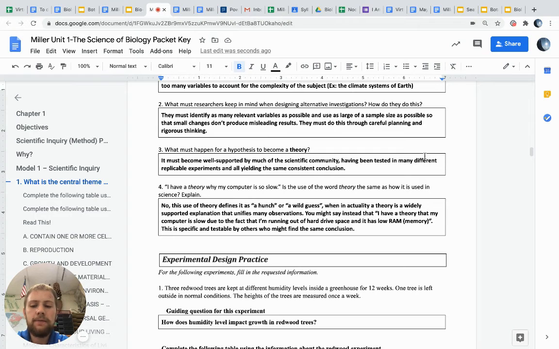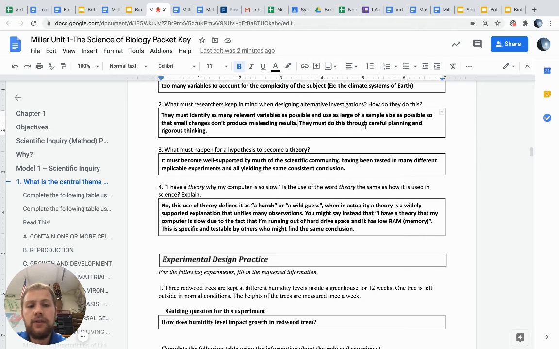So we might discount that result because of chance. Maybe we just got a sick mouse or one that wasn't feeling so well. If we have thousands of mice that we're testing on, the odds of us getting those irregularities in the data are much lower. So they have to pick a large sample size, so small changes don't produce misleading results in your data.